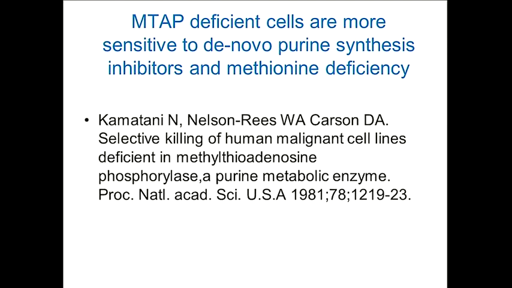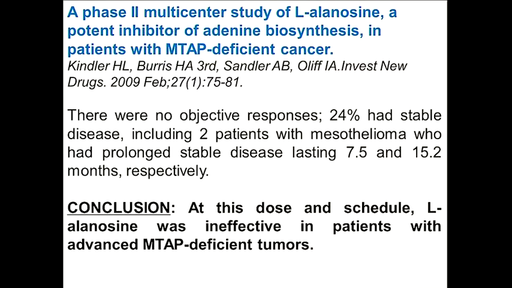Even back in 1981, Denis Carson published a paper in PNAS showing that MTAP-deficient cells are more sensitive to inhibition of de novo purine synthesis and methionine deficiency. That observation has been reproduced many times in different laboratories, including our own, and yet there was only one clinical study in which patients with solid tumors were treated with L-alanosine, which is an inhibitor of IMP to AMP biosynthesis, in patients who had MTAP-deficient cancer.